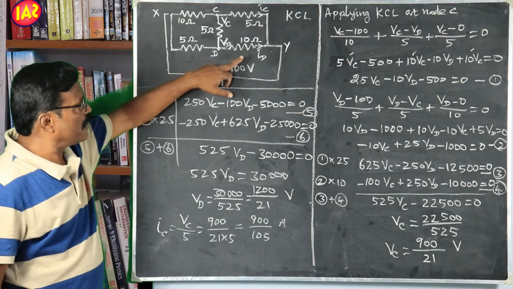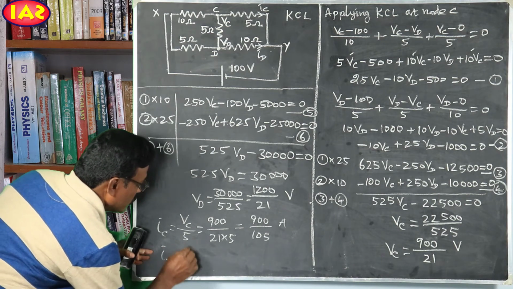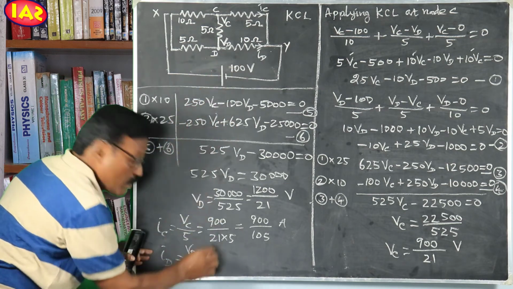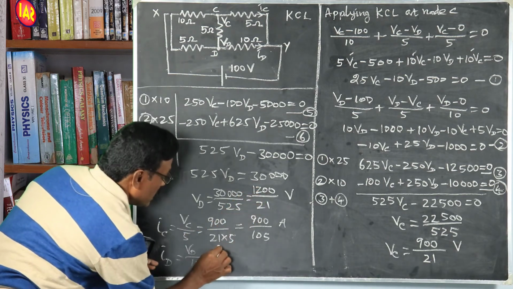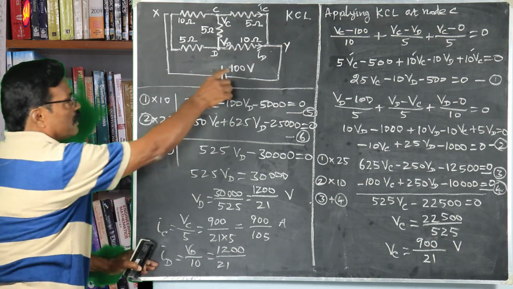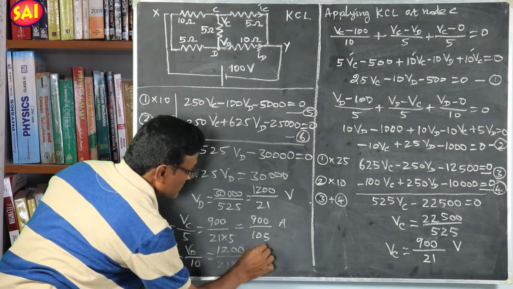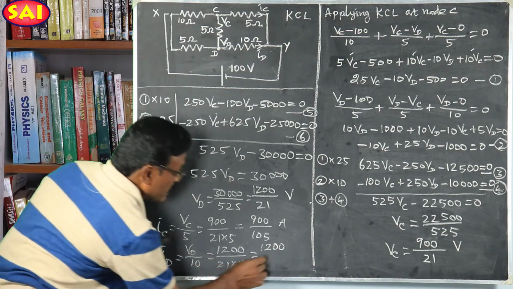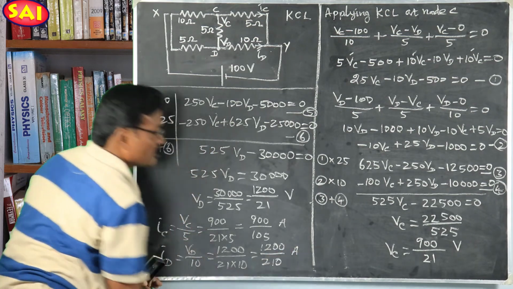Then let us calculate ID. ID will be equal to VD minus 0 by 10 ohm, that will be equal to 1200 by 21 by 10, which will be equal to 1200 by 210 ampere, since 21 into 10 is 210.